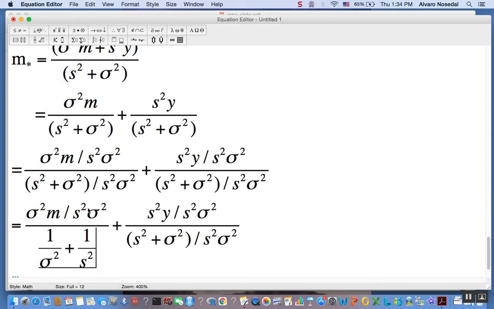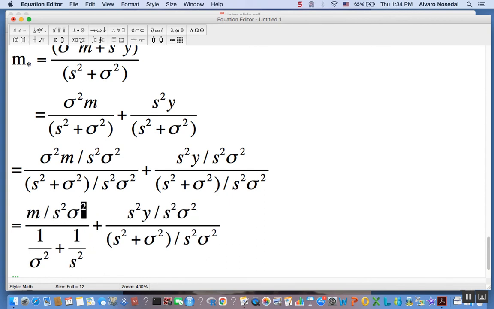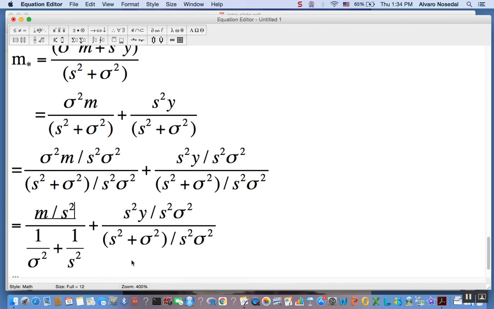Now note something interesting here. We have sigma squared times m divided by s squared times sigma squared. So these guys cancel out, right? Okay. Now again, s squared plus sigma squared divided by s squared times sigma squared is the posterior precision.